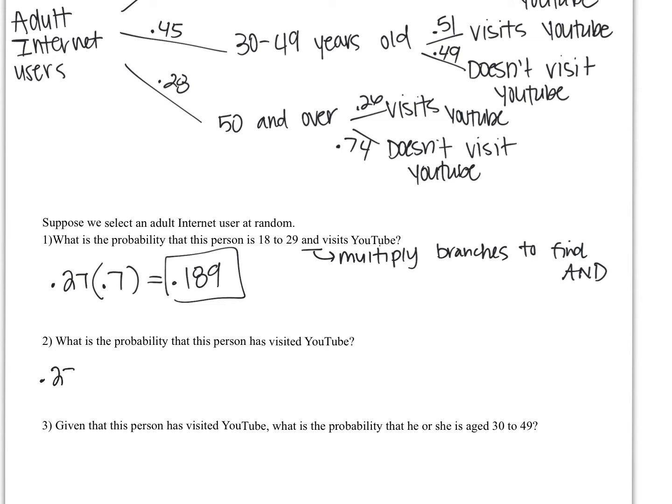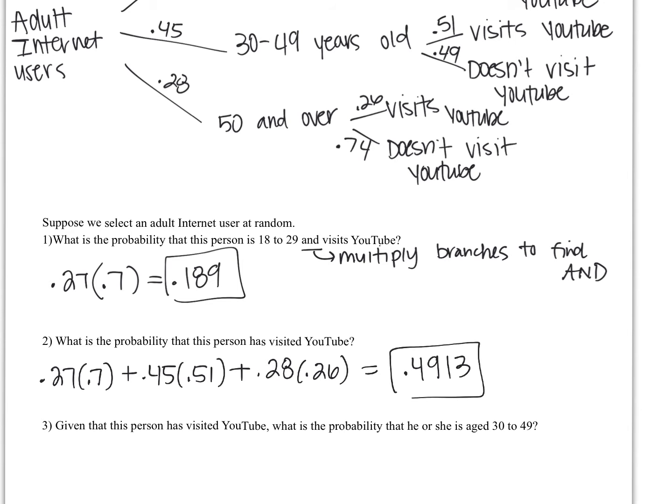So 0.27 times 0.7 plus 0.45 times 0.51, and then 0.28 times 0.26. So we end up getting 0.4913.